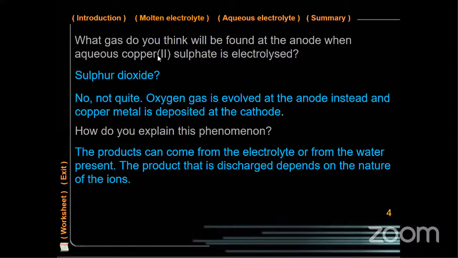Not sulfur dioxide, but oxygen, because sulfate and hydroxide would be going towards the anode, and the hydroxide ion would be preferentially discharged because it is below the sulfate in the electrochemical series. That would mean that you get oxygen gas. And at the cathode, you'd get copper metal because copper is below hydrogen in the electrochemical series.